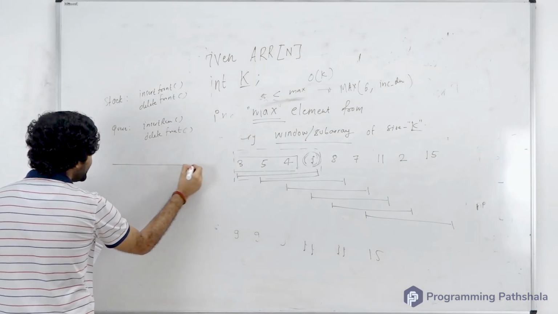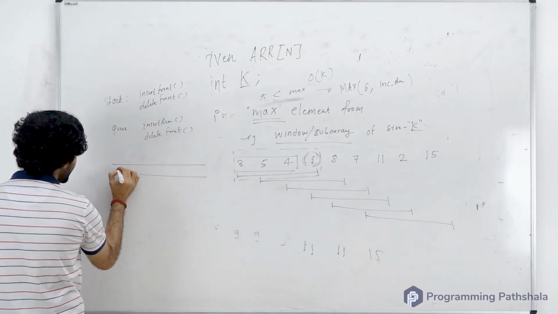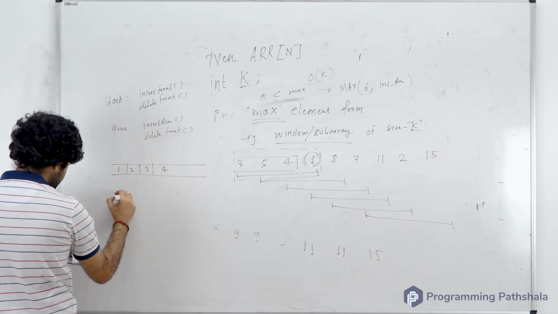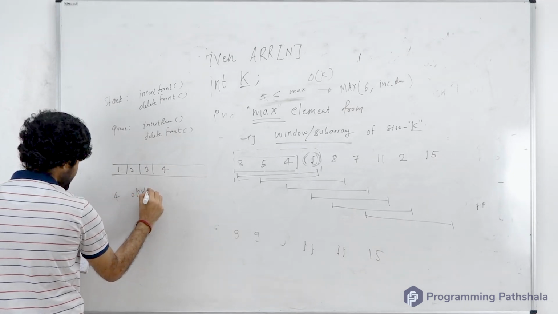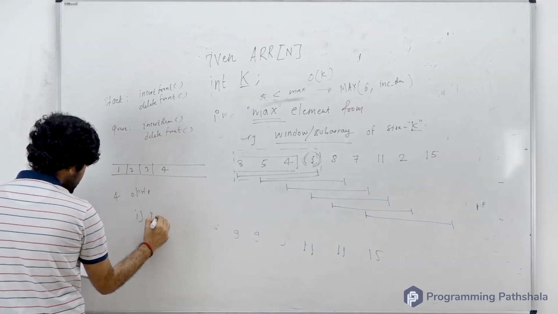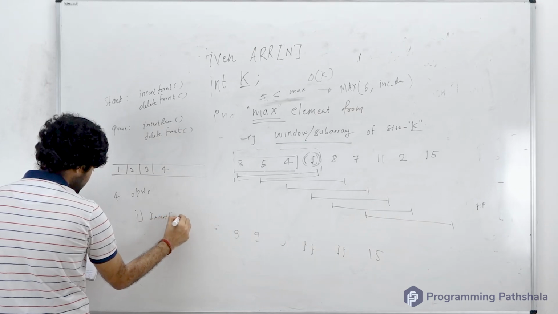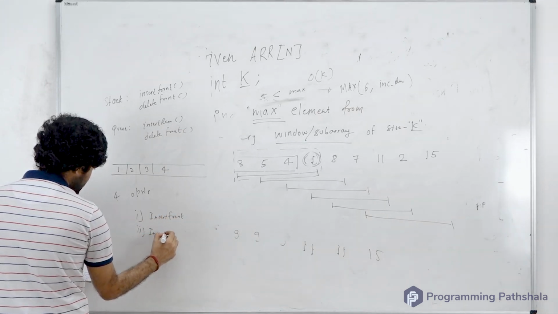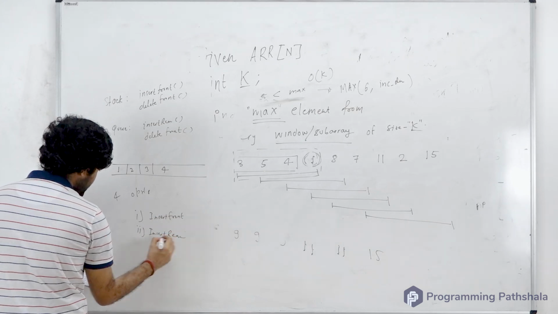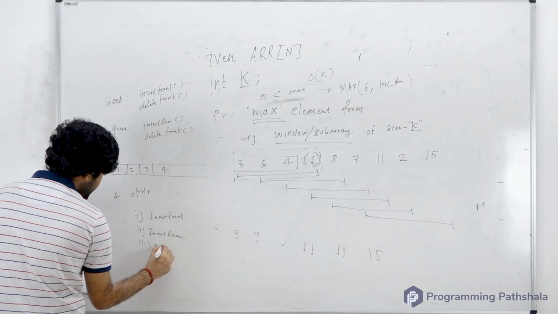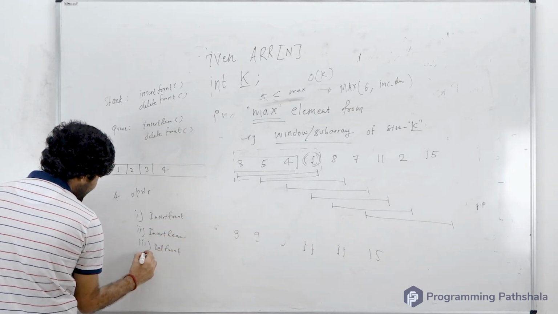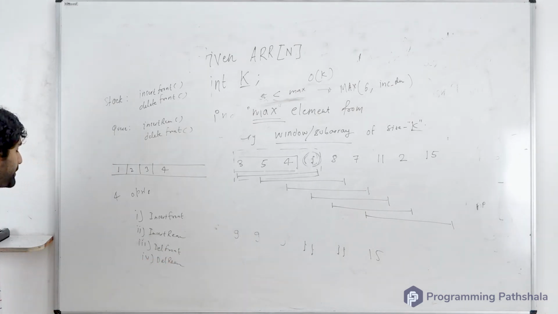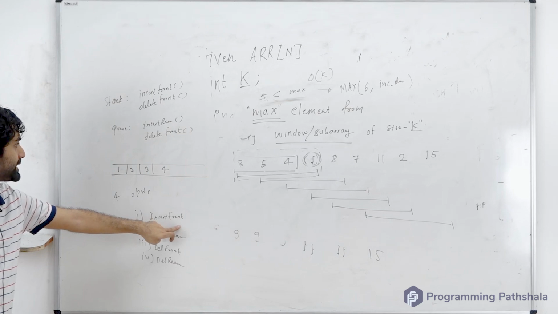So let's think of a data structure which has, let's say, 1, 2, 3, 4, and it supports 4 operations. Those 4 operations are insert front, insert rear, and then delete front as well as delete rear. So it supports all these operations. What is the meaning of insert front?